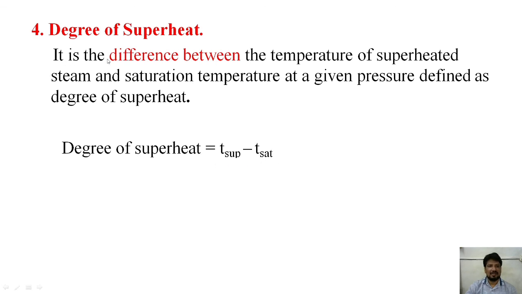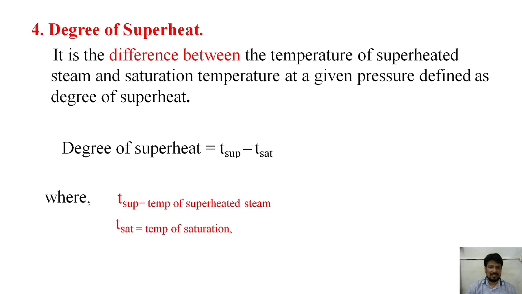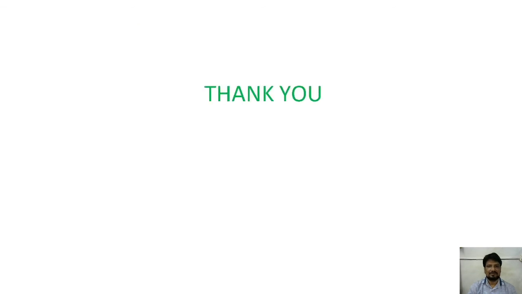It is defined as the difference between the temperature of superheated steam and the saturation temperature at a given pressure. We know that T superheated is the temperature of superheated steam and T saturation is the temperature of saturation.